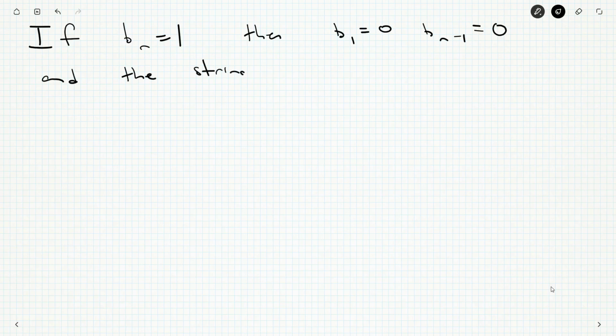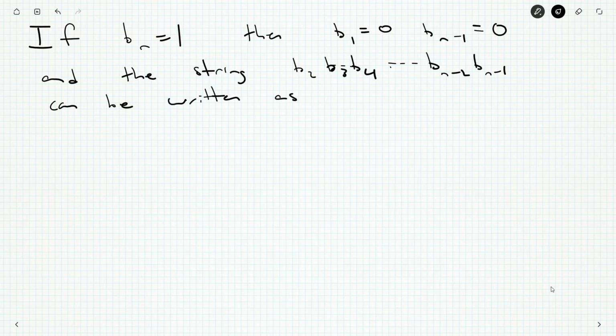And the string B2, B3, B4, all the way up to Bn minus 2, Bn minus 1 can be written as, I'm losing one, so k minus 1 blocks that look like 1, 0. I don't have to use 0, 1s, because if I did use 0, 1s, then Bn minus 1 might be a 1, and that wouldn't be allowed.